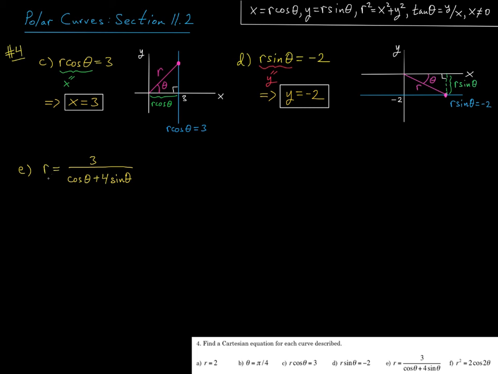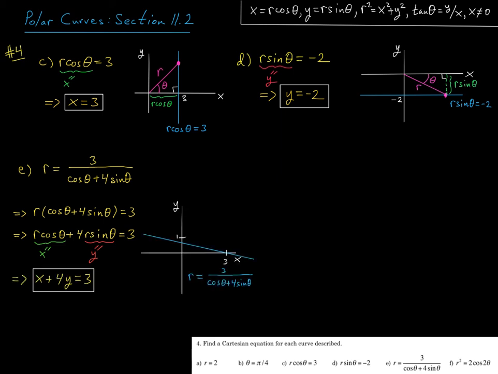Since there's this r on the left, if I distribute the r on the left side at this step, I get r cosine theta plus 4 r sine theta is equal to 3. And now I'm in good shape because r cosine theta is x, and r sine theta is y, and so this leads us to the Cartesian equation x plus 4y is equal to 3.